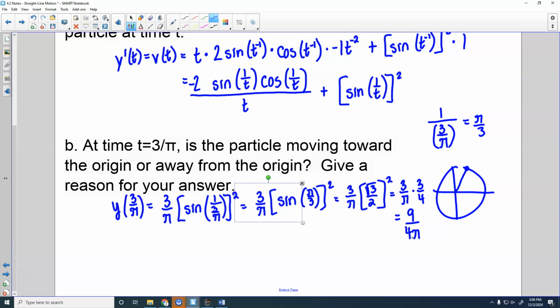Honestly, you could stop earlier. What you really care about is where you're at. So we're at 9 over 4 pi. What's most important here is if this is 0, I'm somewhere over here on the right side. Okay? So I'm beginning on the right side of the origin. Here's my particle.